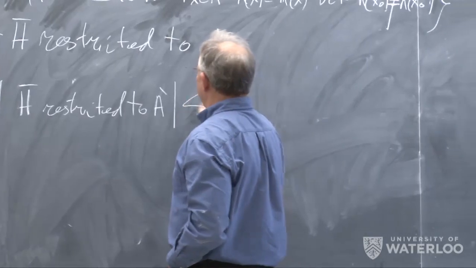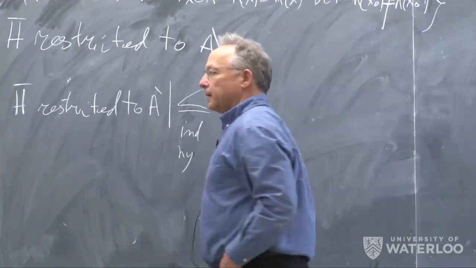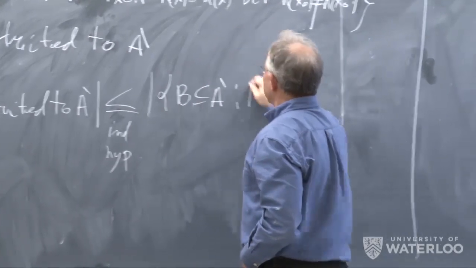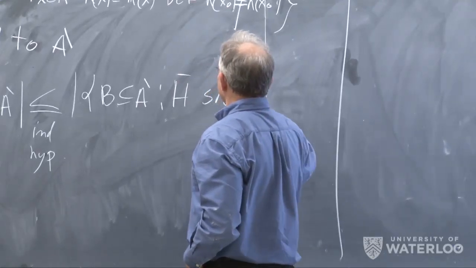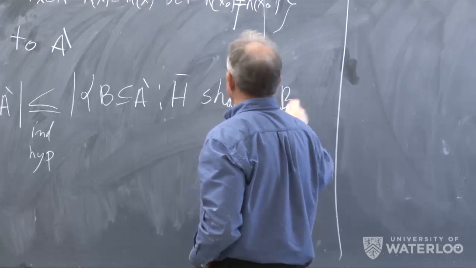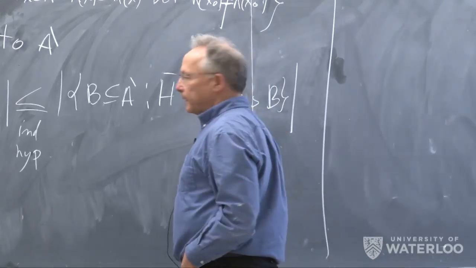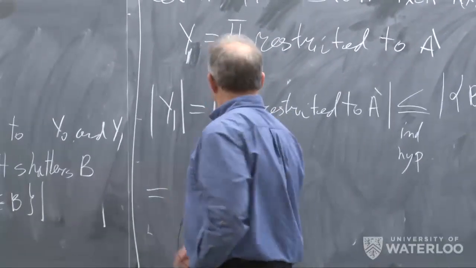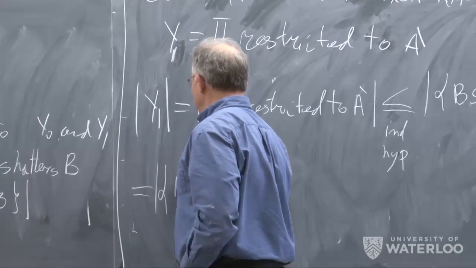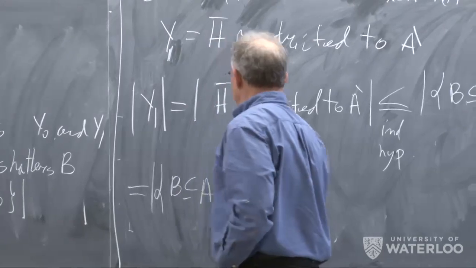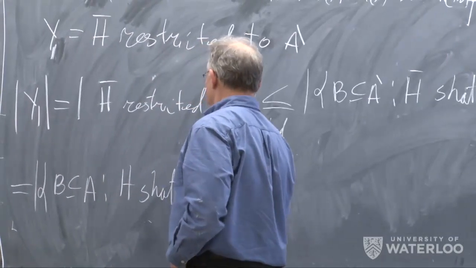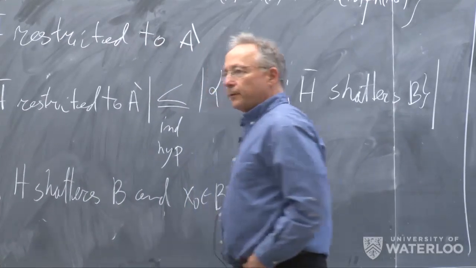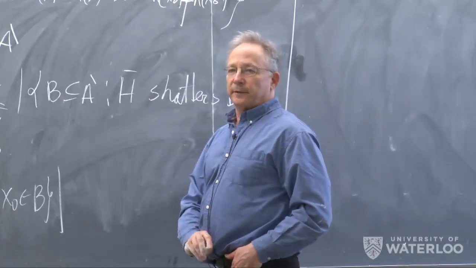This is, again, by induction hypothesis, at most the size of the set of all B subset of A prime such that H hat shatters B. But I claim, now the second delicate claim, that this is exactly the size of all B's subset of A such that H shatters B and x0 belongs to B. OK, so this is the last point where we have to think a little bit.